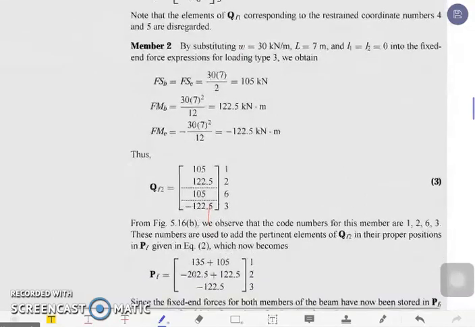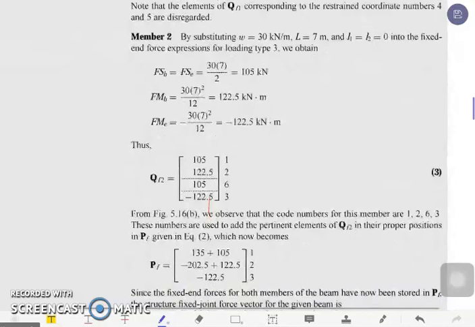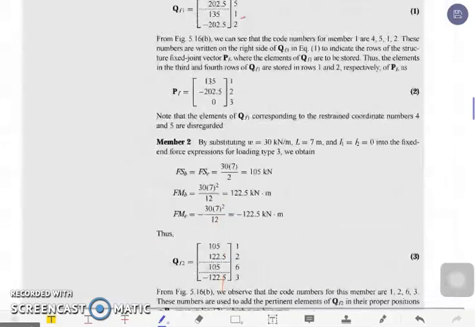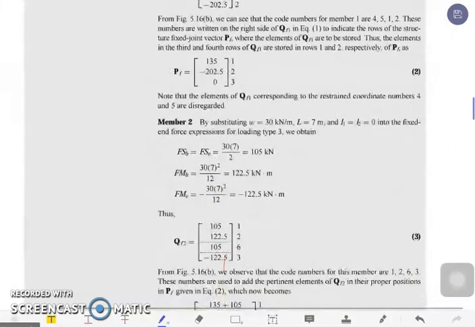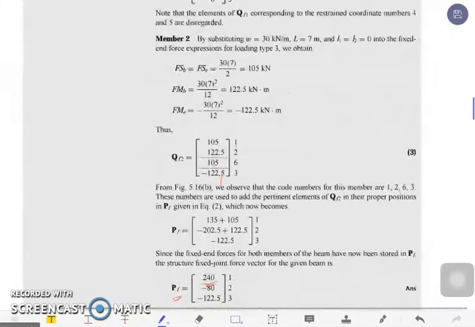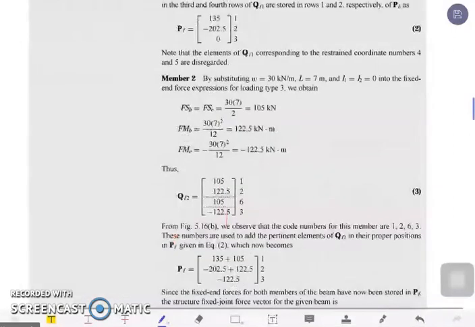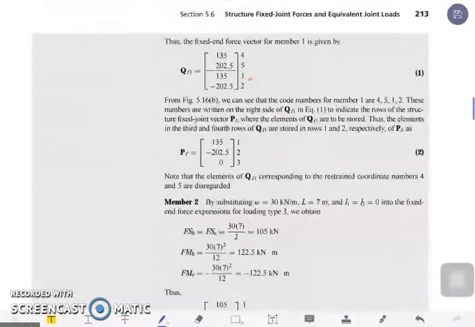So we have here the values, and you can have the value equivalent to this specific value. So you simply have to write that one. Then for 3, there is also a value. For member 1, there is no code number 3.